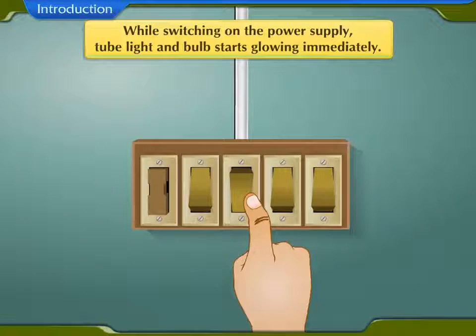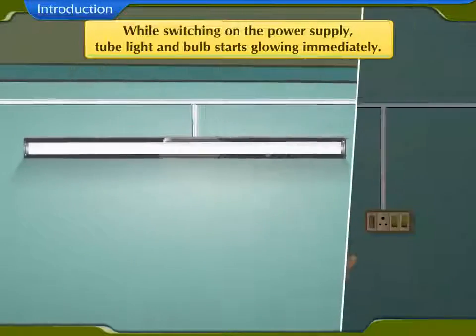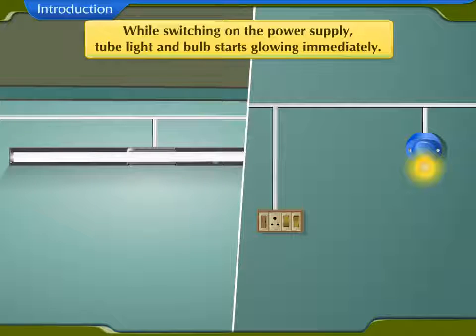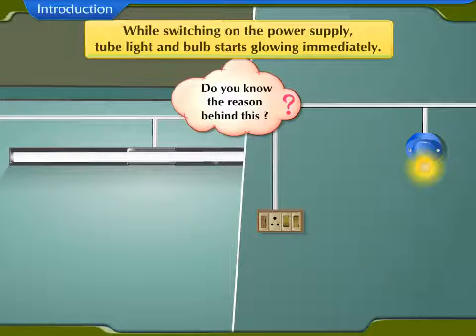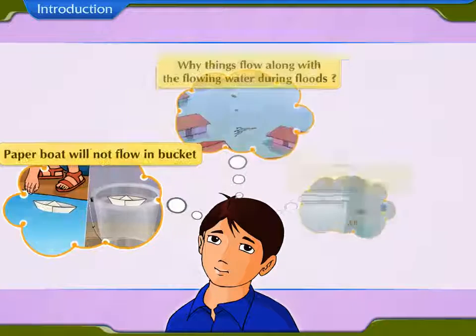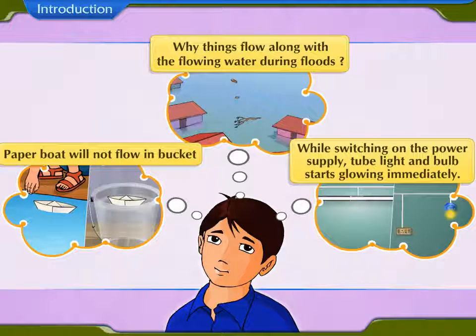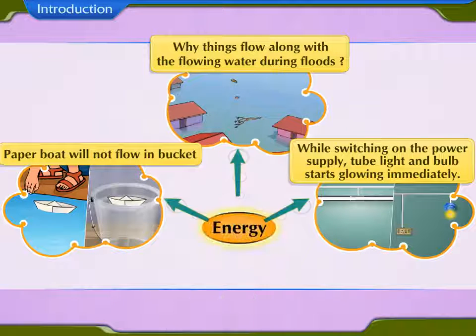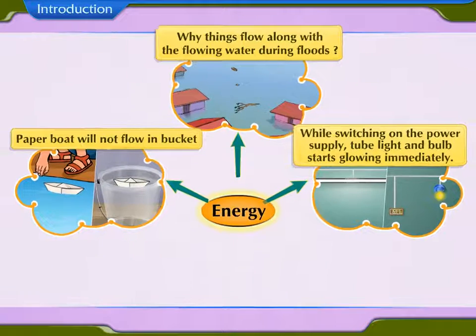While switching on the power supply, the tube light and bulb start glowing immediately. Do you know the reason behind this? There may be so many questions in your mind for which you need an appropriate answer, right? Well, answers to all such questions are related to energy and transformation of energy from one form to another.